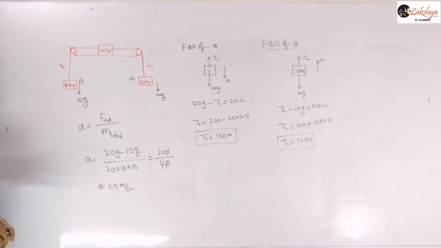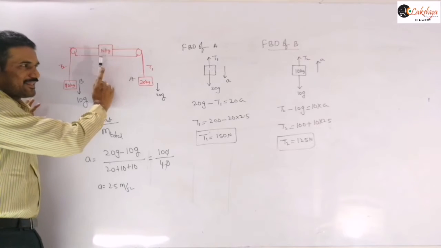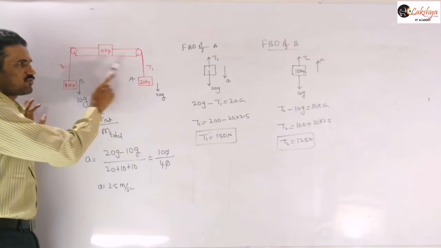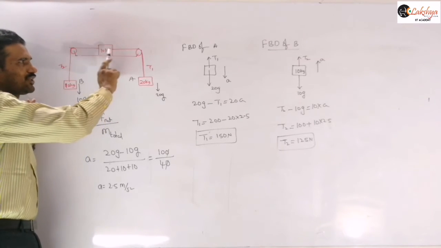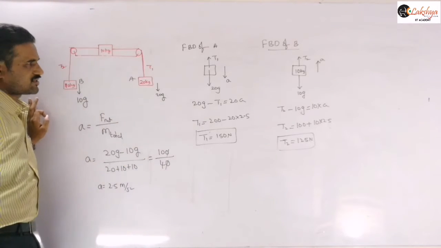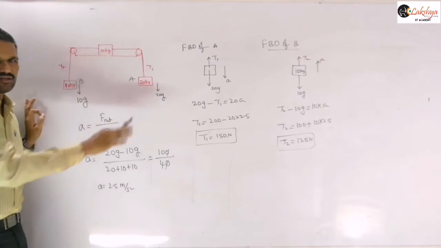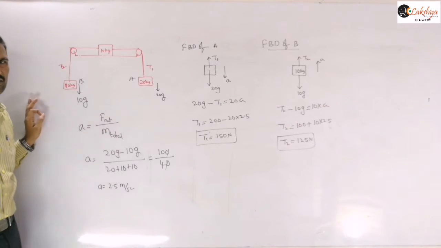The main thing why I am discussing this problem is that when the block is there in the middle, the tension on both sides of this block will be different, because these are two different strings. The tension in this string and the tension in this string will be different, which we can calculate like this.